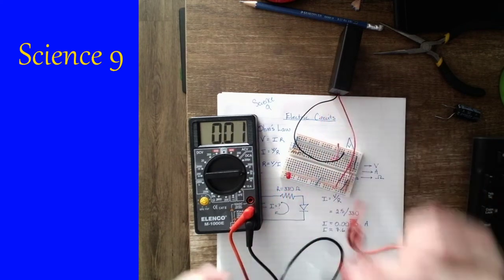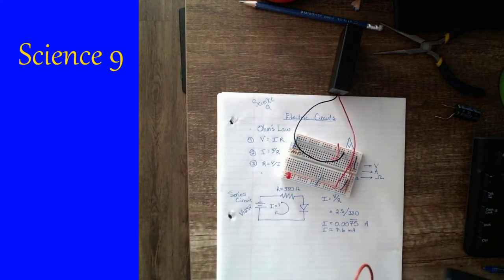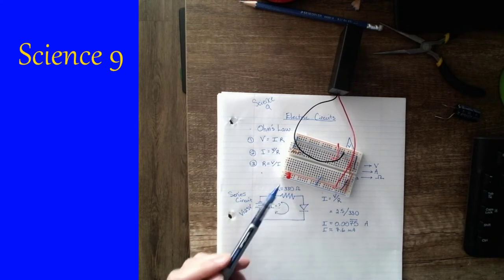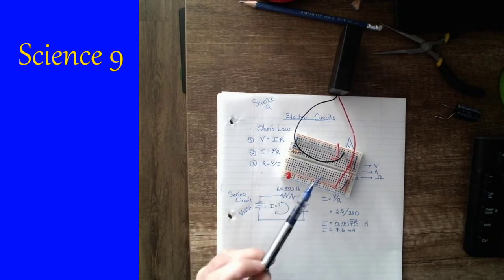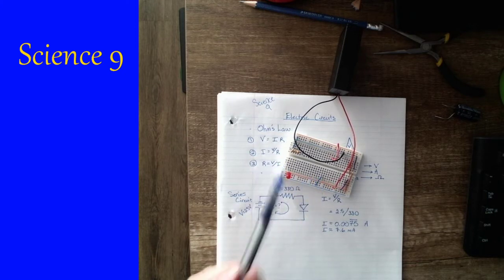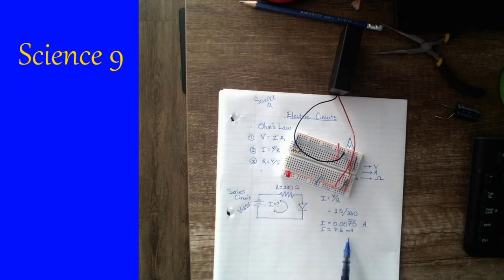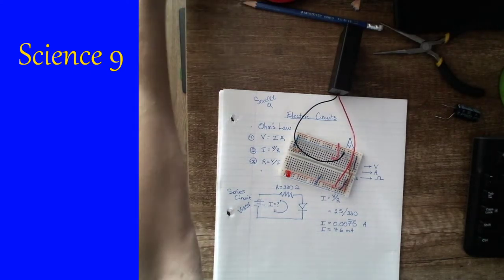And being very close is actually very good. One of the reasons is that all the wires, even the LED, have a little bit of resistance. So that's going to alter the number we get in the end. So nothing's quite perfect, but we were quite close, which is good.